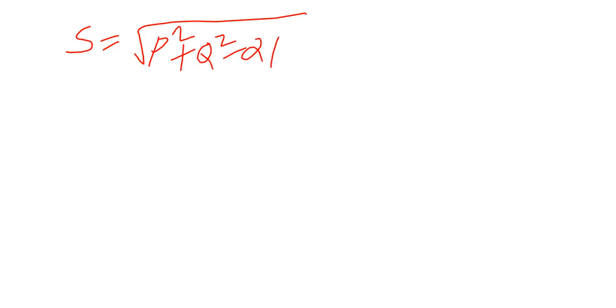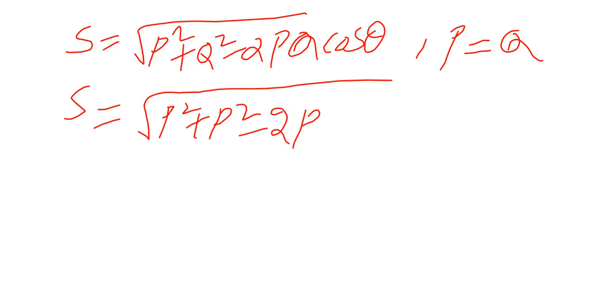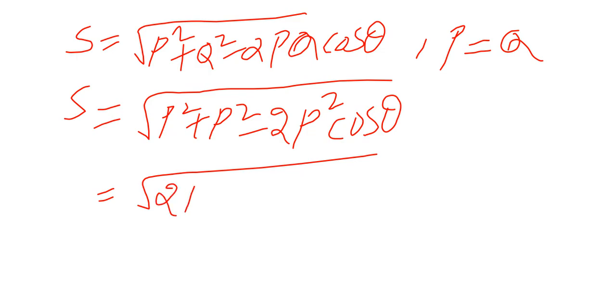Since P is equal to Q, we get P square plus P square minus 2 P square cos theta, that is 2P square minus 2P square cos theta, that is 2P square times 1 minus cos theta.